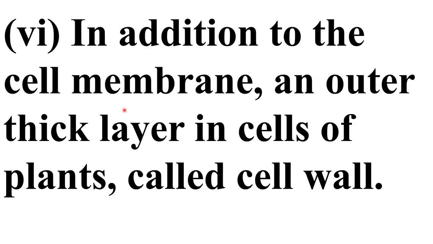In addition to the cell membrane, an outer thick layer in cells of plants is called cell wall. With the cell membrane, there is one more thick layer present, the cell wall, because they live in harsh climatic conditions.